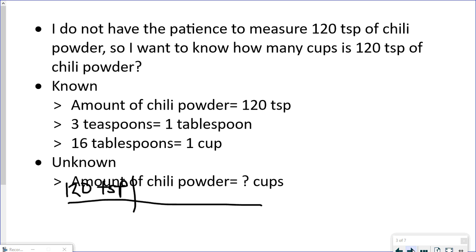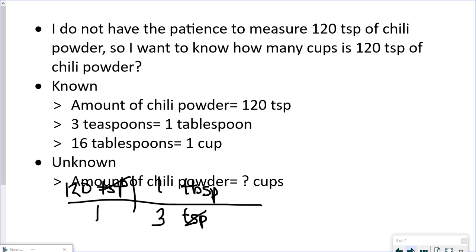So since I'm starting with teaspoons and it is on top of my fraction, if it makes you feel better, you can always put that over 1 if you don't like having that bottom spot blank. So since teaspoons is currently on top, that needs to go on the bottom of our next factor. The only thing I know that deals with teaspoons is that teaspoons can be equivalent to tablespoons. So if you look, we have 1 tablespoon is equal to 3 teaspoons. So that will get rid of the unit teaspoon.